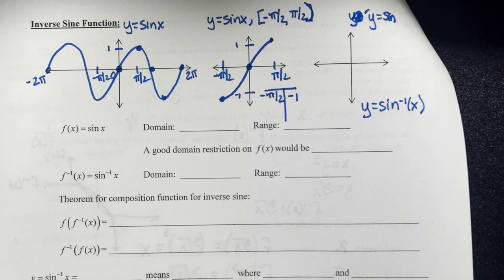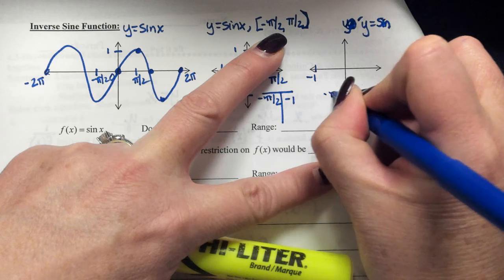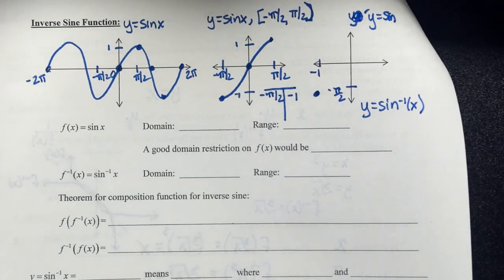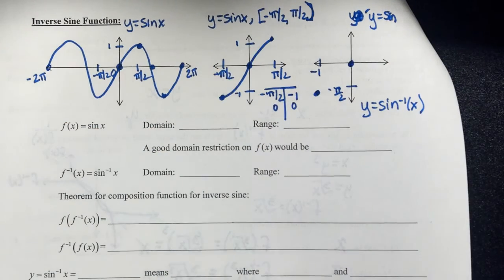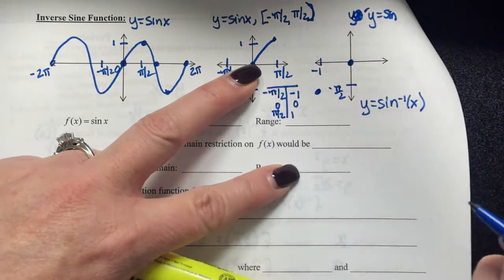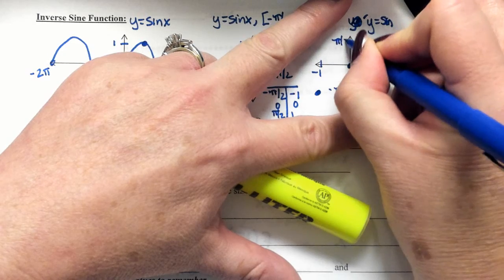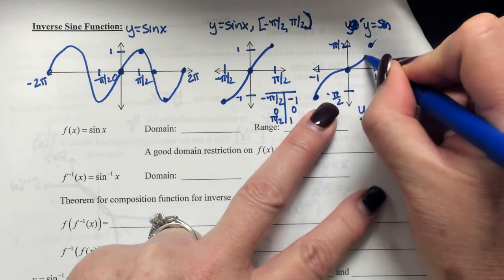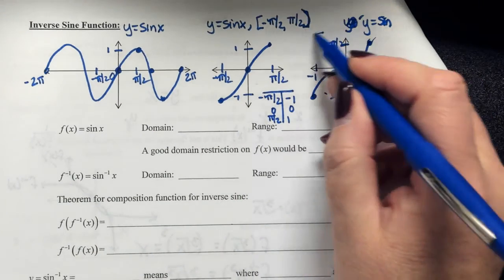So on the graph of the inverse function, I'm going to have the point negative 1, negative pi over 2. 0, 0 will still be 0, 0. And then I have the point pi over 2, 1, so on the graph of the inverse, it's going to be 1, pi over 2. And the graph is going to look like this. So that's what your graph of the inverse function looks like.